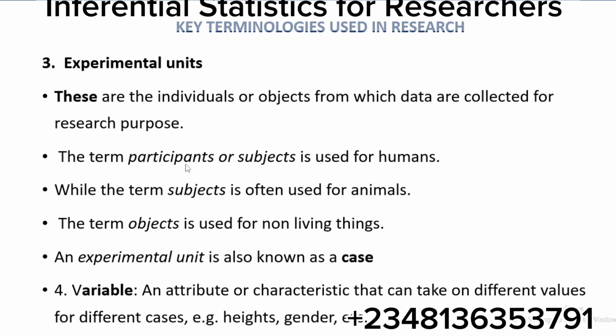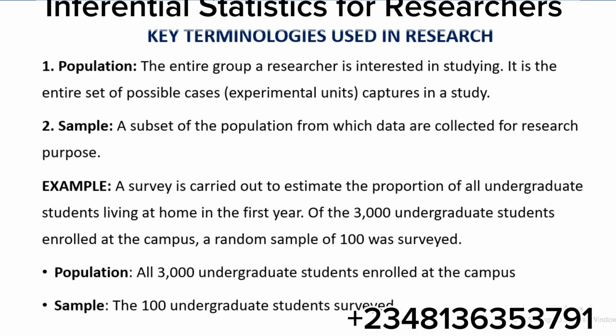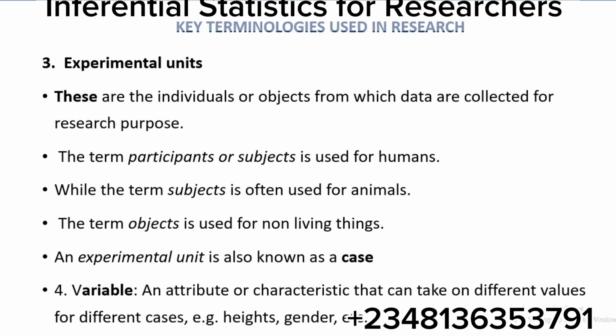While we could use either participant or subject for human beings, we use subjects for animals only. If our population is non-living things, we use the term objects. So an experimental unit is also known as a case. For example, in this survey, each of these 100 undergraduate students forms our case. Each of these 100 undergraduate students is an experimental unit.